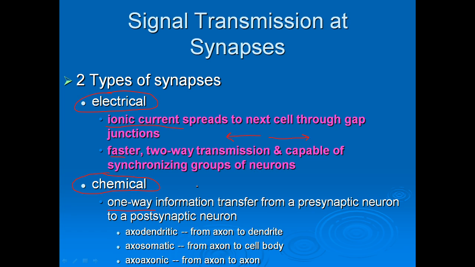Remember, we had a nerve axon coming in at that end bulb, right? And then for chapter 10, we had a muscle cell membrane, the sarcolemma. And we still had a gap here in between.